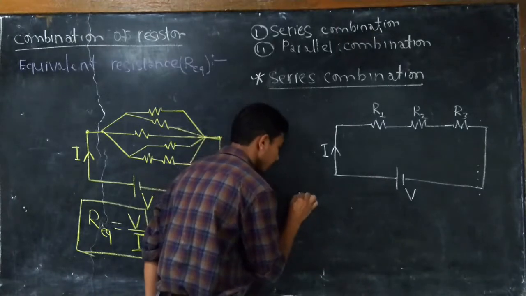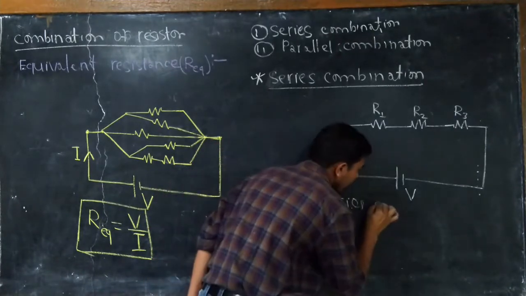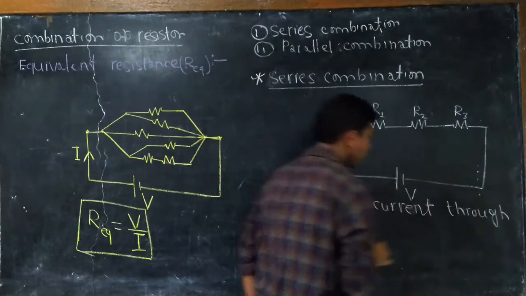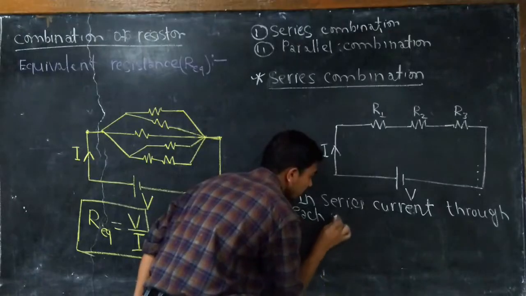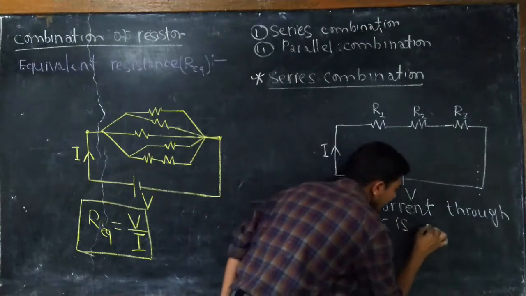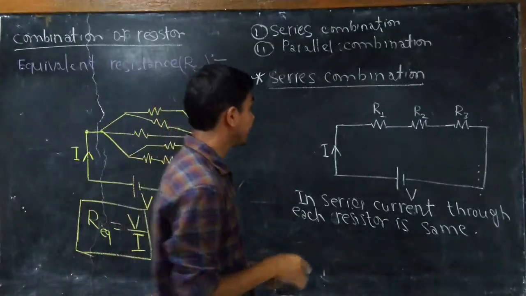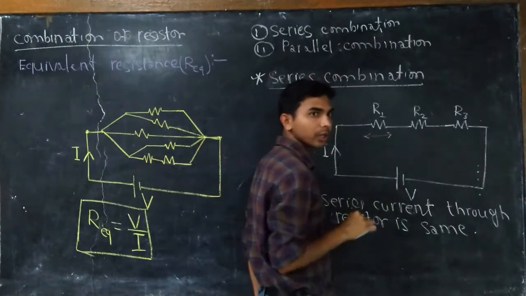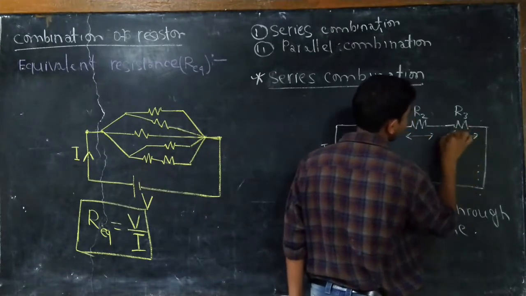So in series combination, the current through each resistor is the same. Now, as current passes, there will be a potential drop across each resistor.